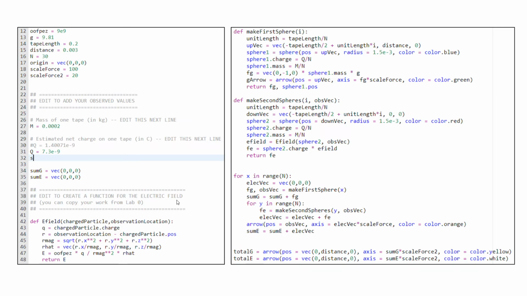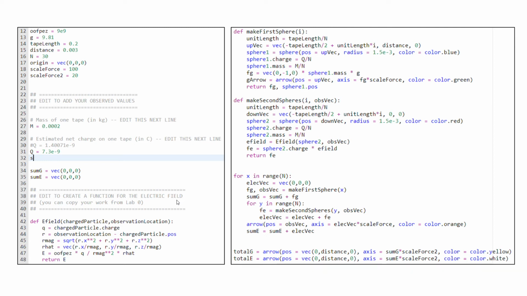And now taking a look at our code, we initially started off by assuming that our Q remained the same from last lab at 1.4 times 10 to the negative 9 coulombs. But we can see this line of code was actually edited out as we came to a more precise calculation of Q later on, but we will see that with our model.